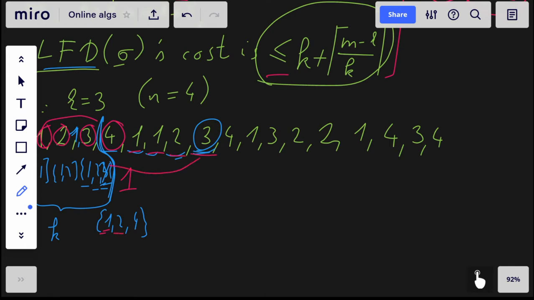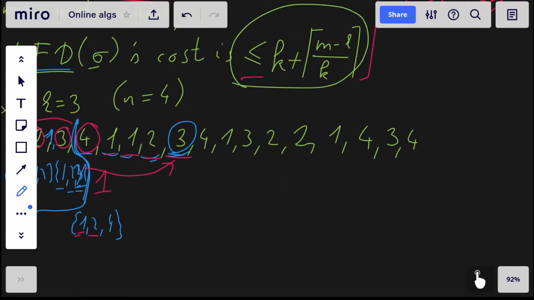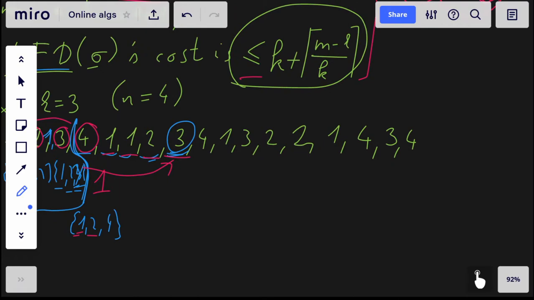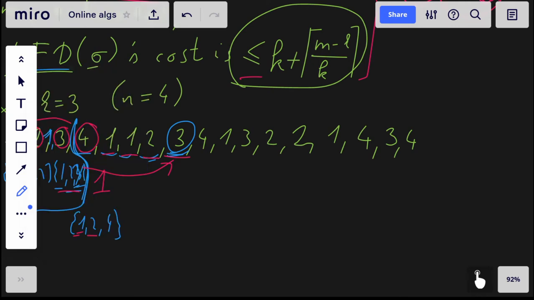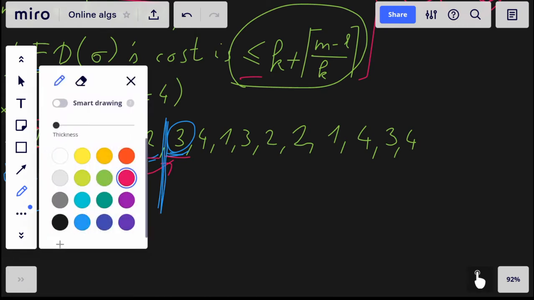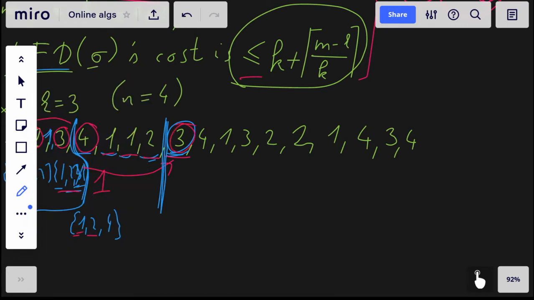Remember, this was the latest possible point, when I just checked all these elements. Now here 3 is not in my cache, so I again draw a line marking the end of a phase of the input. I'm always marking an end of a phase when I am discarding a new element according to the longest forward distance.